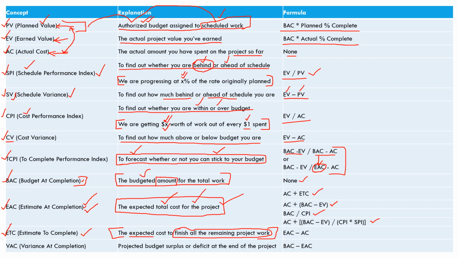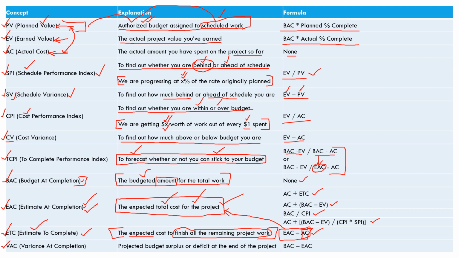The formula for ETC is EAC minus AC. Why EAC minus AC? Because EAC is the total expected cost of the project, not the budget, and AC is the actual cost of the project. When you subtract the two, you will find the estimate to complete, the expected cost that is required to finish the remaining project work, ETC.